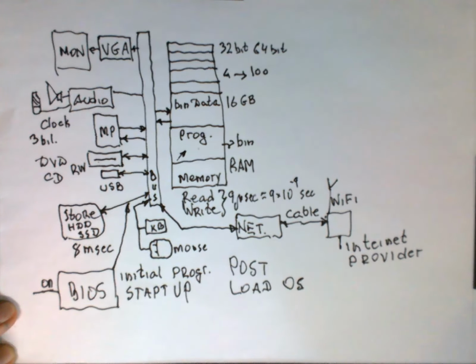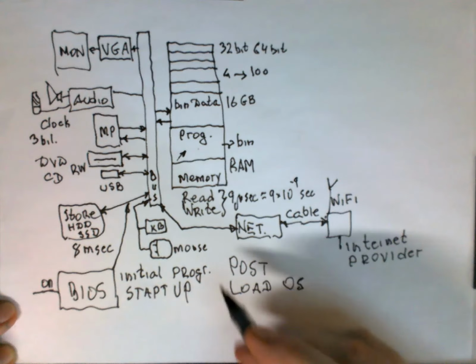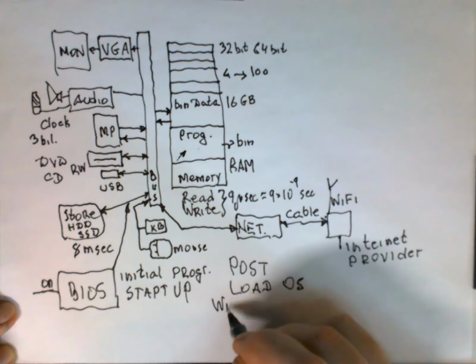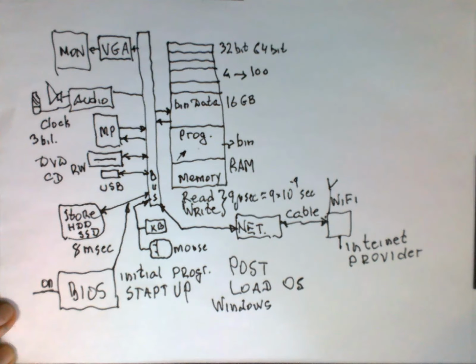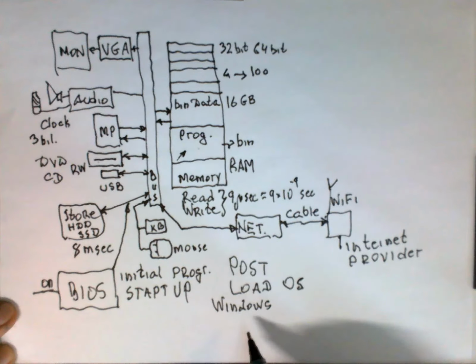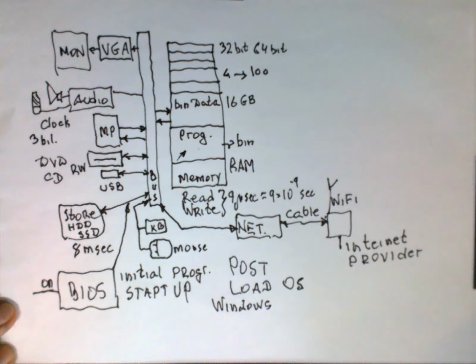So this is a complicated program. We will use Windows in our case, but operating systems could be created by different companies, not only Microsoft. For example, Macintosh, Apple OS, or Linux, and other operating systems.